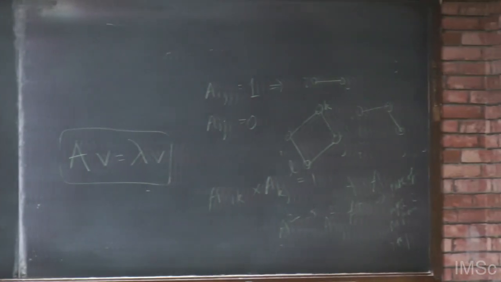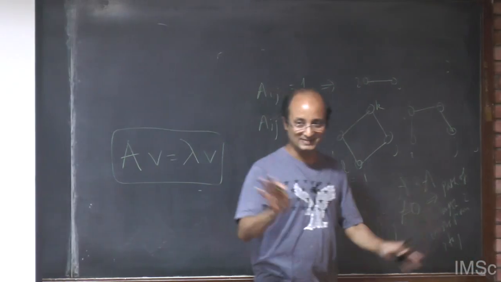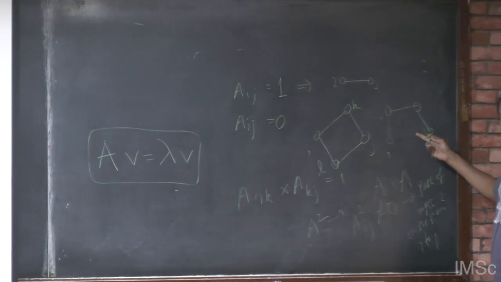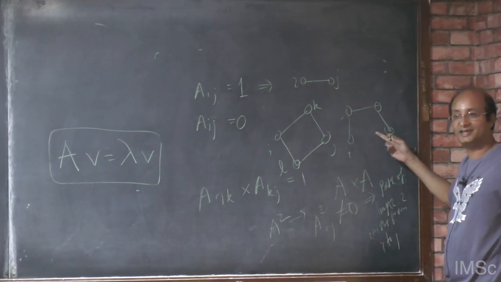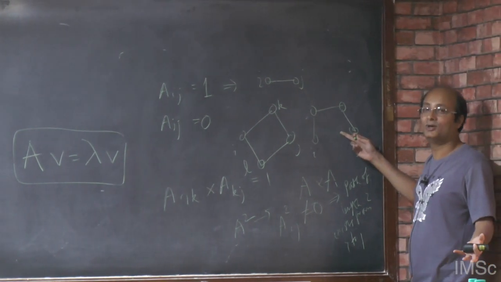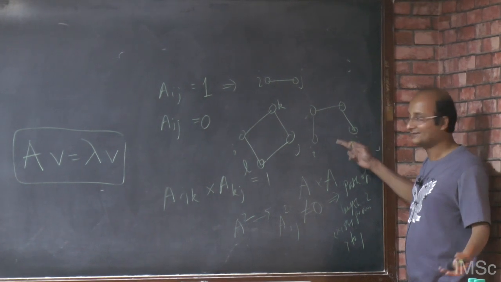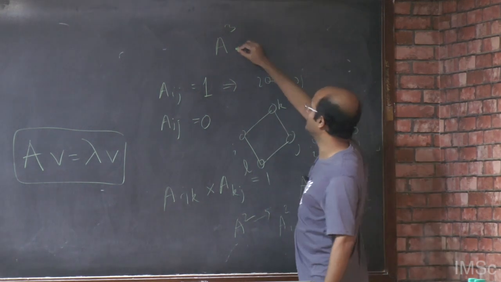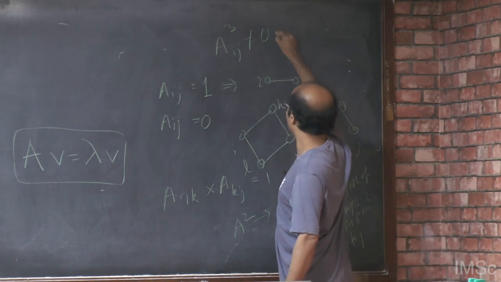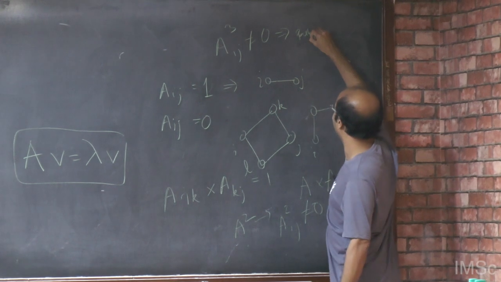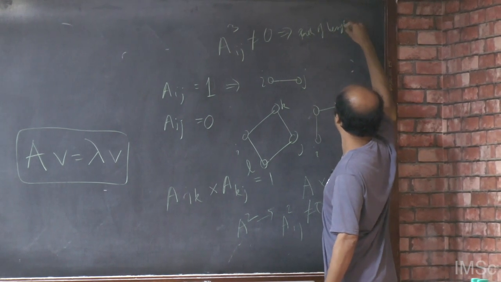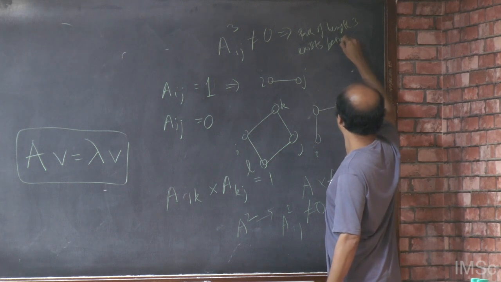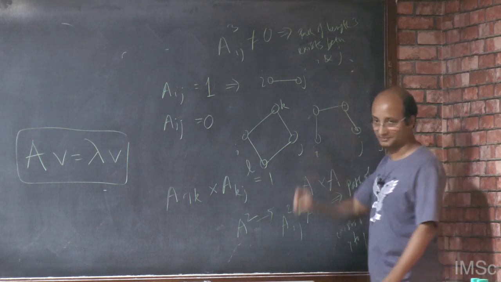Now that you have seen how this works, you would say that solving this problem is trivial. I just raise A to the power 3 to find paths of length 3. So whenever any element of A raised to 3 is non-zero, it implies that a path of length 3 exists between i and j.